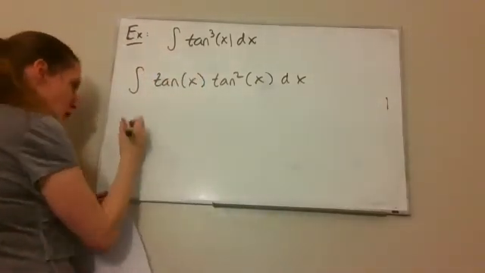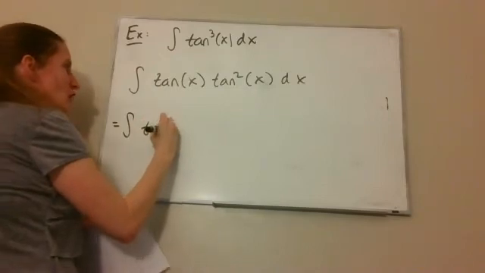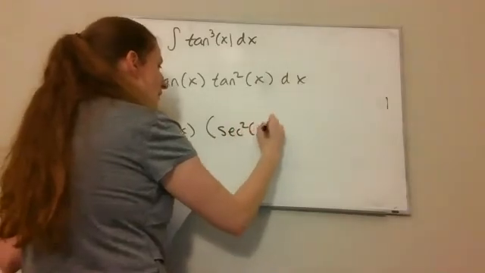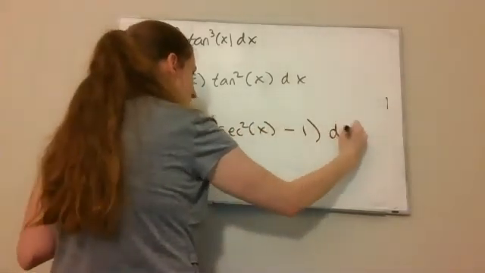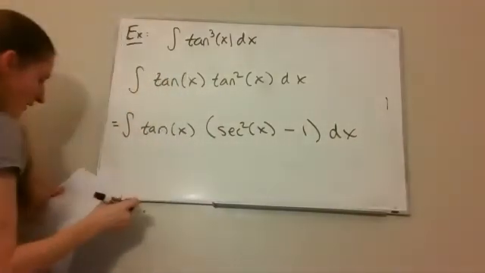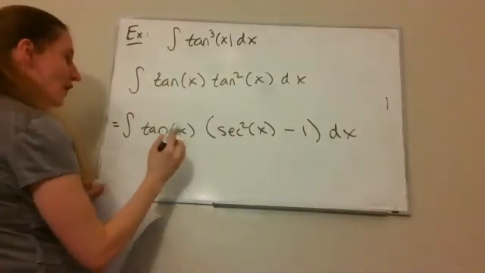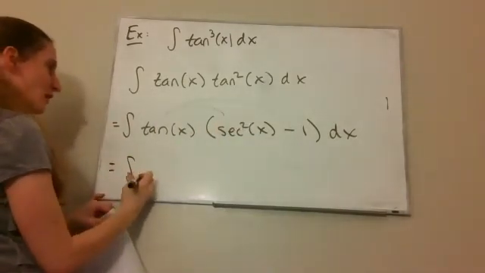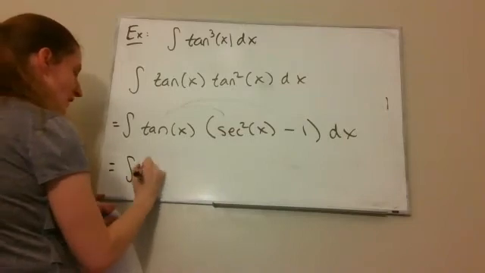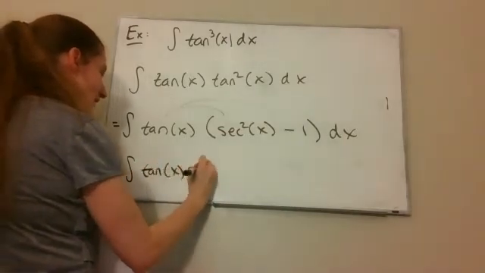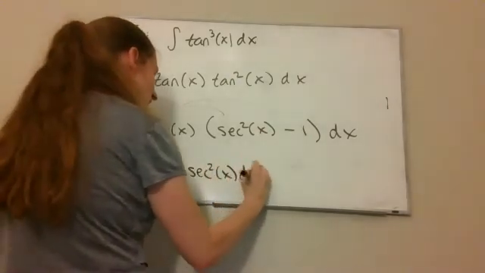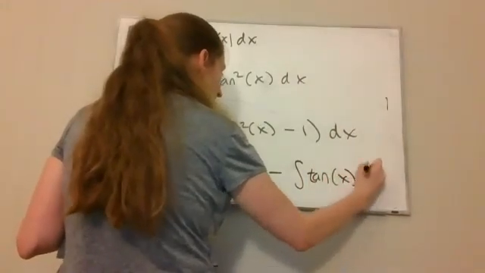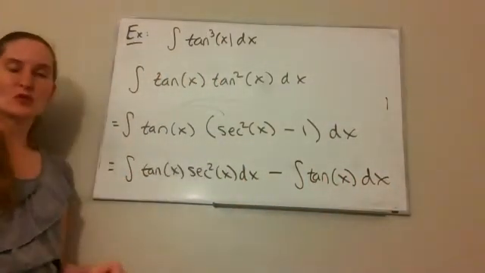And using one of my trig identities, tangent squared is secant squared minus 1. And now I can distribute this and rewrite it as 2 integrals. I'm going to have an integral of tangent x times secant squared x minus an integral of tangent x. So I just split it up into 2 integrals.